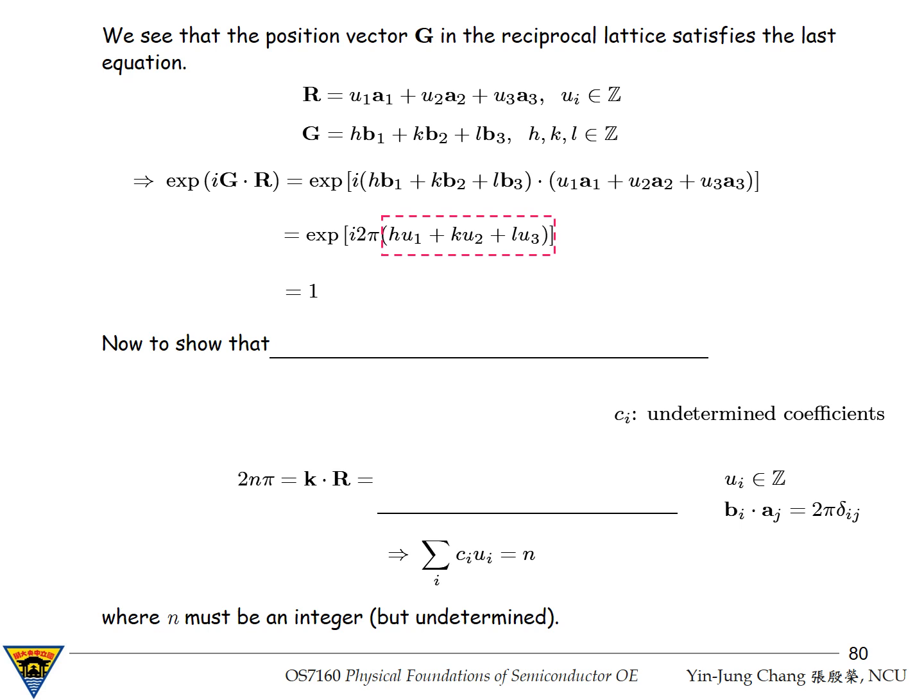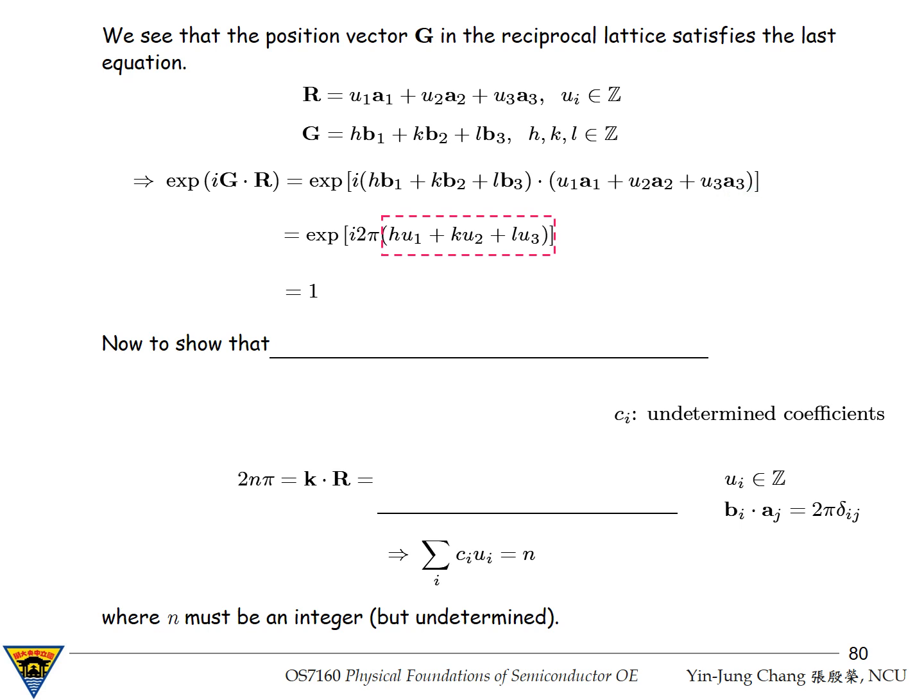On the other hand, a reciprocal lattice vector G can be written as shown, where h, k, l are integers. Let's now check whether such a G vector satisfies the condition we just derived on the previous page. We evaluate e^(iG·R), substituting the expressions for G and R. We obtain the expression shown here.